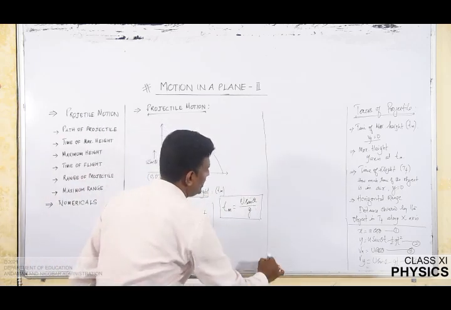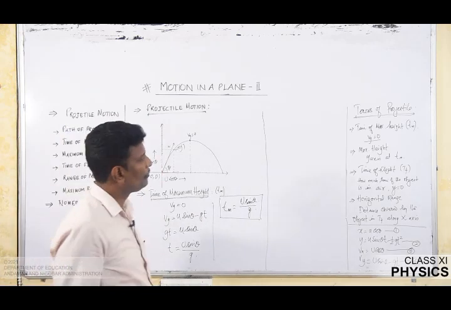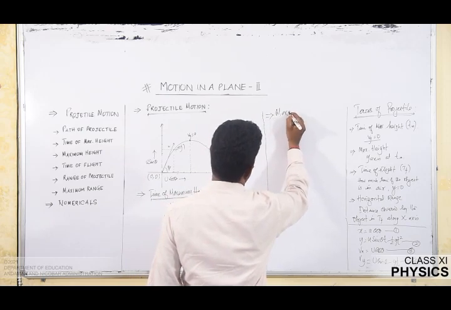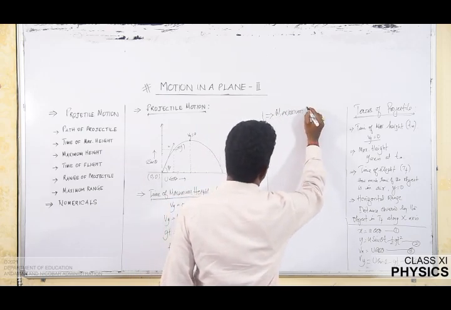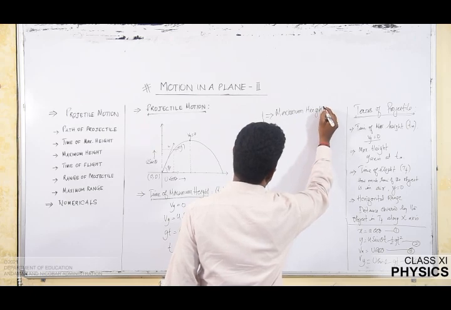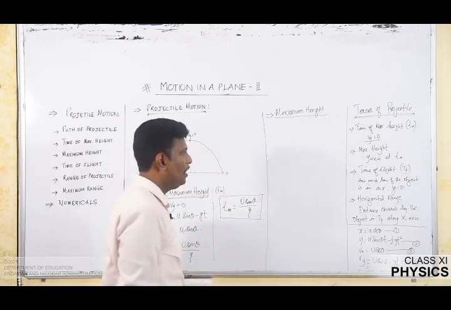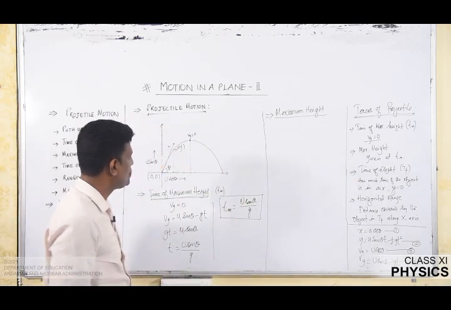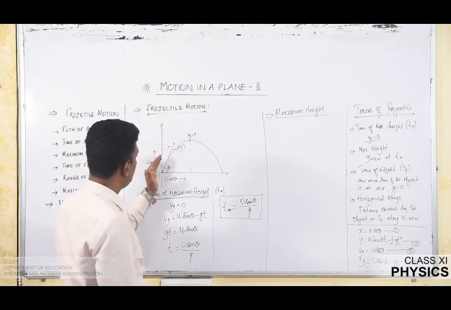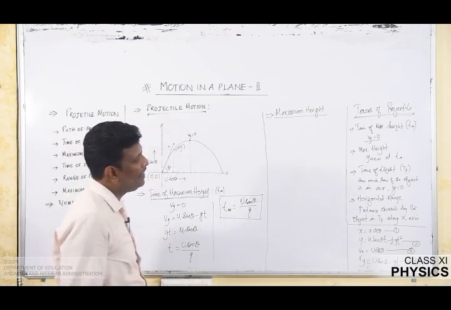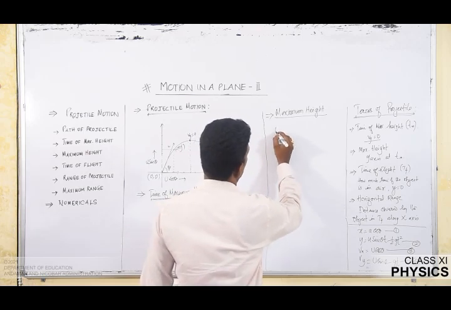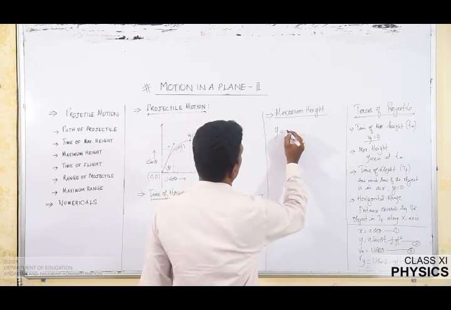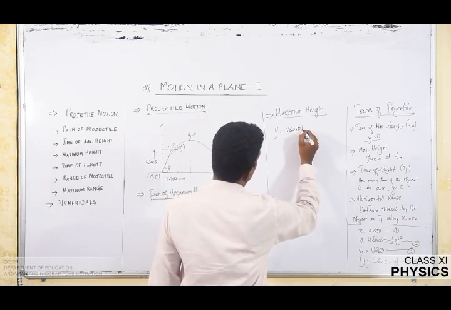Let us go for the next term also, that is maximum height. Maximum height, y axis at Tm, that means the height along the y axis at the time Tm. So, we know the formula, y is equal to u sin theta t minus half g t square.